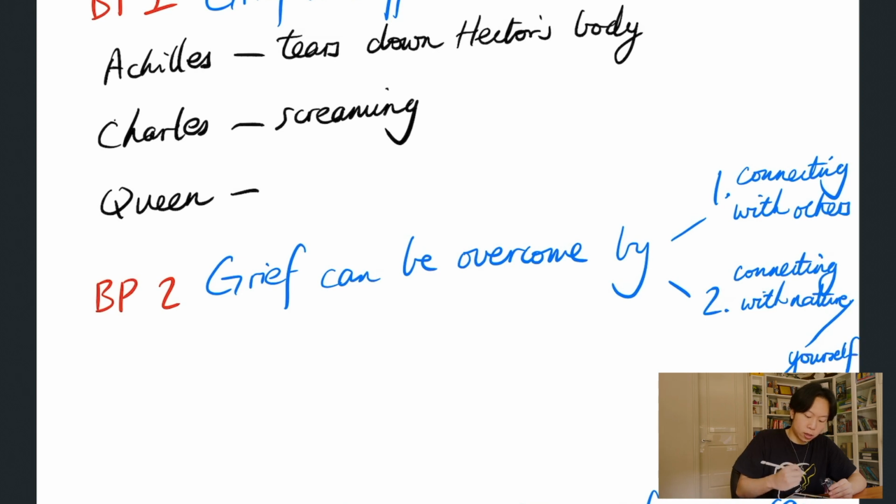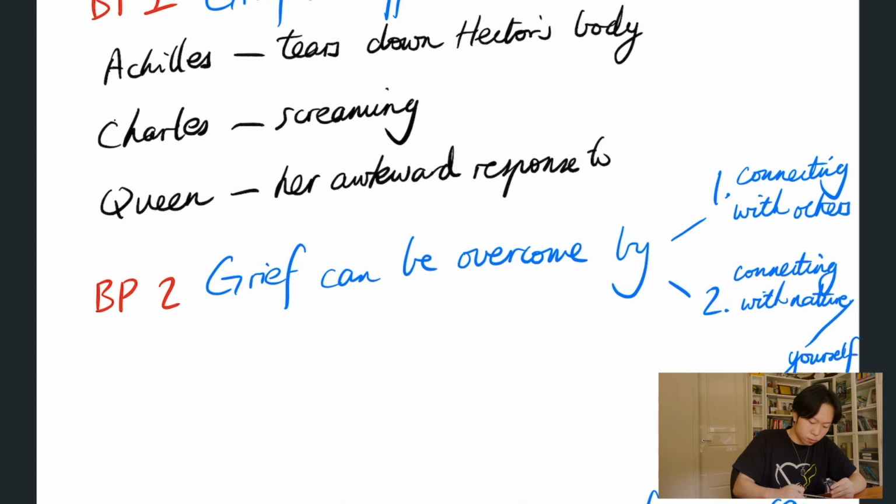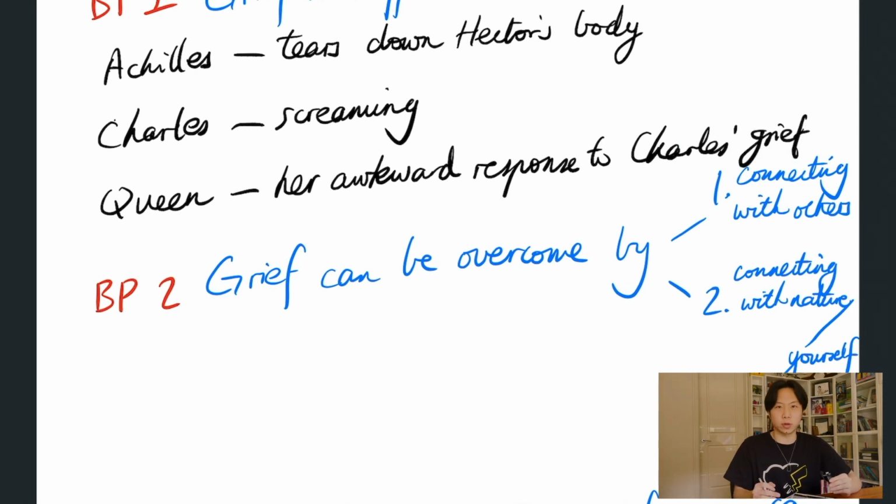So you can see her almost frigid response, her awkward response to Charles's grief. All she says is, oh, what's Diana doing in Paris, when they announce her death, which is not a very normal reaction. And secondly, another instance is also with the grandchildren.